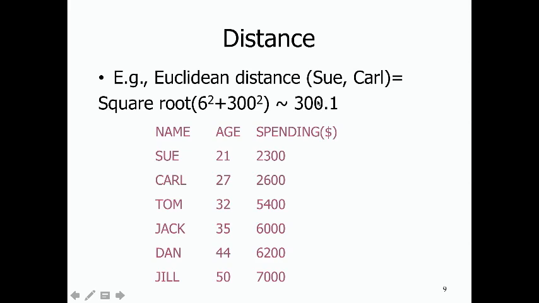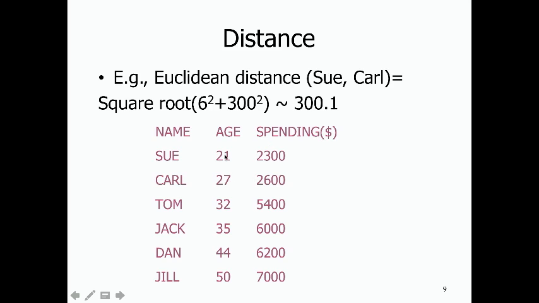There's something you can easily observe using Euclidean distance here: out of these two discrepancies amongst attributes of Sue and Carl, the spending difference dominates the distance value. So 300 and 301 here.